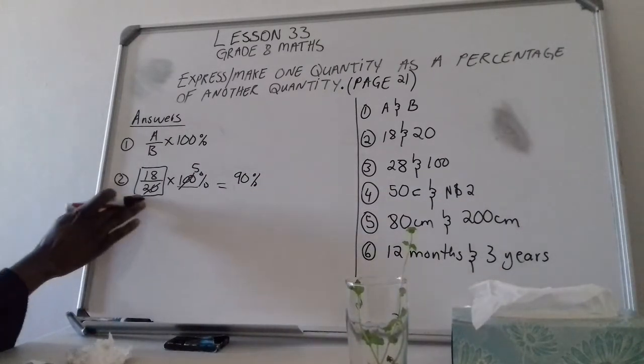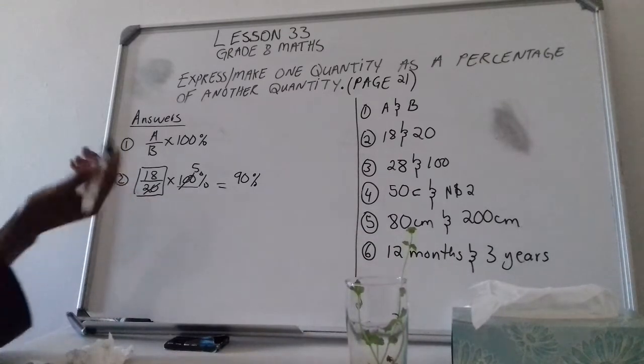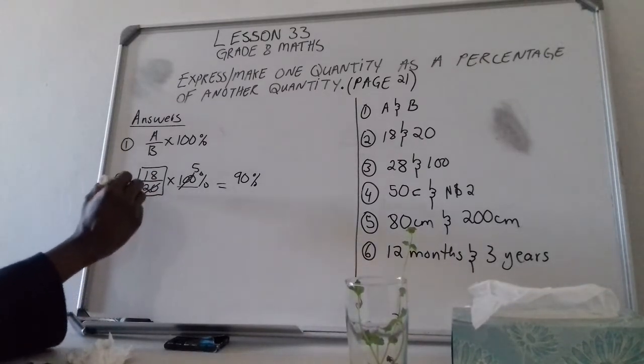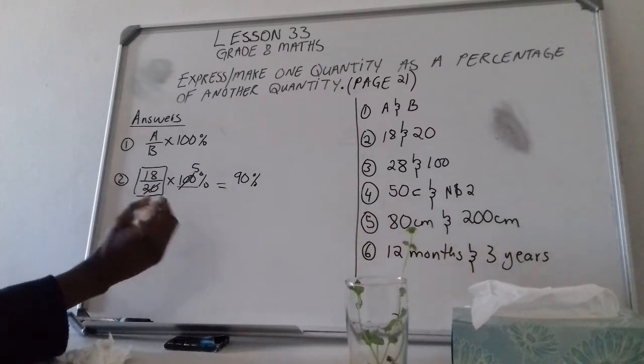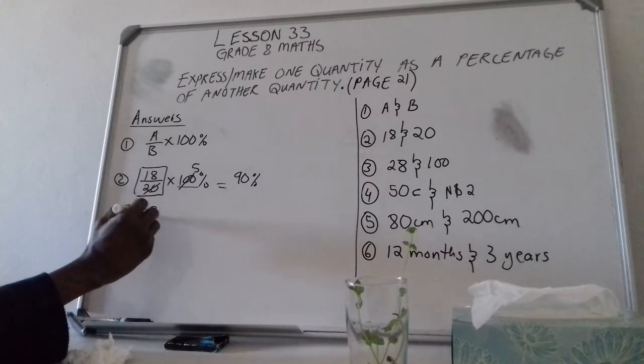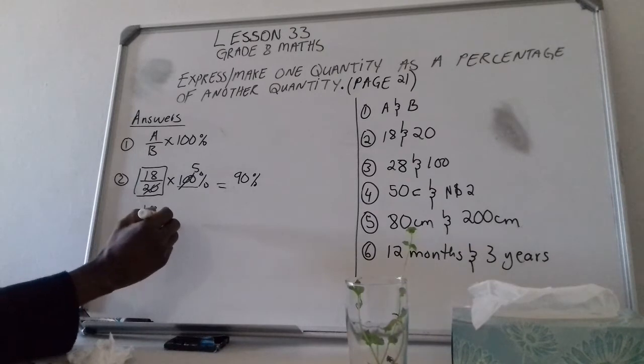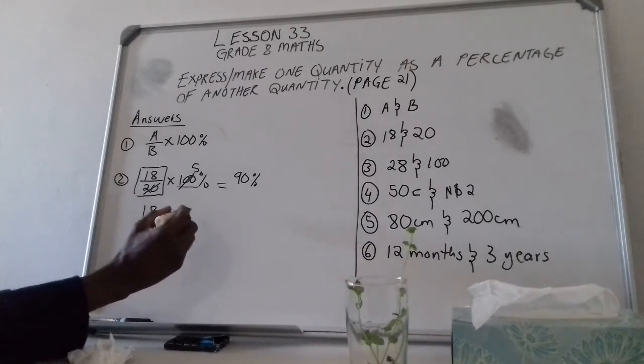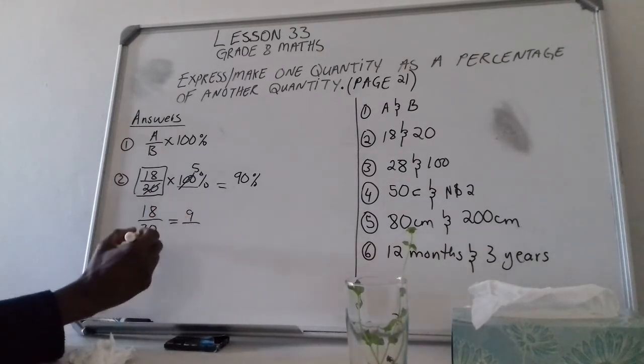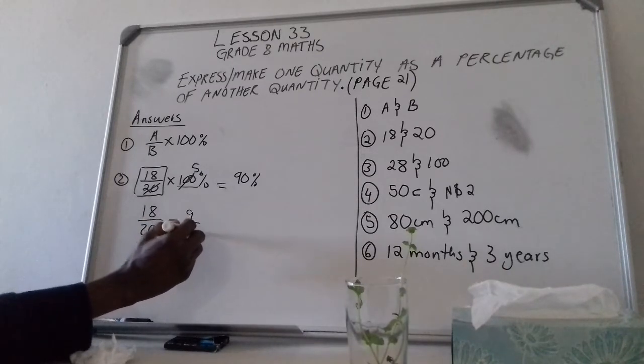Okay, if you don't want to use that method, we can simply simplify 18 over 20 in simplest form. So we look for the highest common factor of 18 and 20, and that is 2. 2 goes into 18 9 times, and 2 goes into 20 10 times.